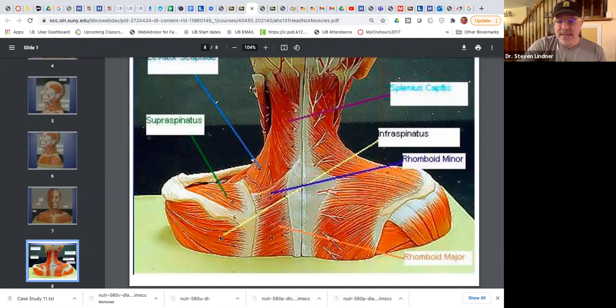Below the spine of the scapula is the infraspinatus muscle. So you have supraspinatus, infraspinatus. One is above the spine of the scapula, one's below the spine of the scapula. The supraspinatus abducts the shoulder, and the infraspinatus externally rotates the shoulder.